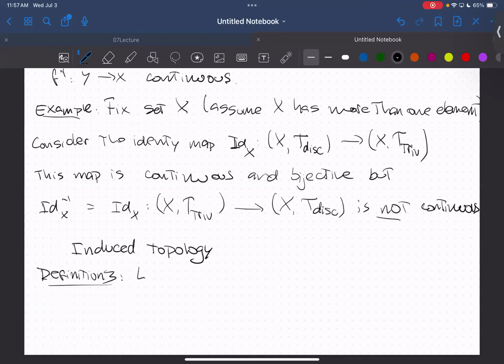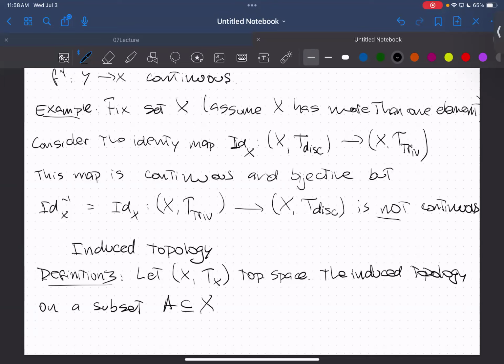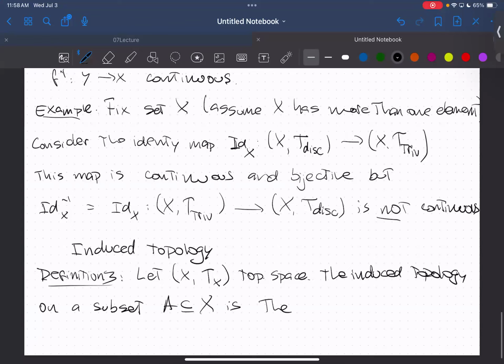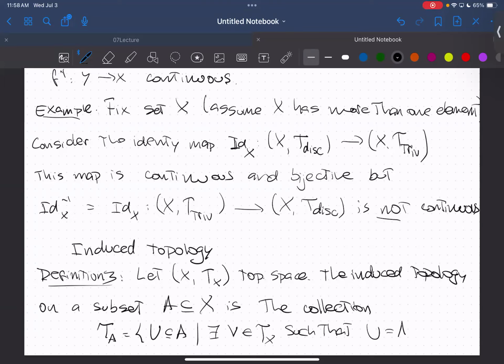Definition 3: let's take a topological space X, and I will denote T of X the topology of X. And I'm going to take any subset A. The induced topology on a subset A of X is this collection of opens, denoted by T sub A, that includes U subset of A such that there exists some V in the topology of X for which U is A intersected with V. So the opens in A are opens in X intersected with A.